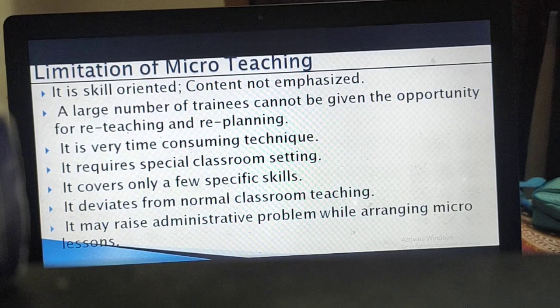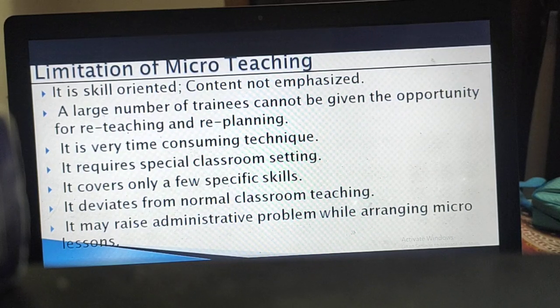Next, it covers only a few specific skills. There are several micro-teaching skills, but according to our syllabus, we have to practice a small number of teaching skills.